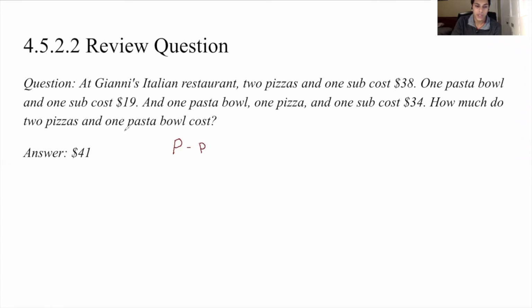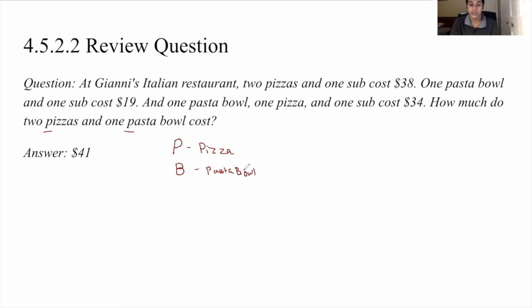And I know that pasta bowl and pizza start with the same letter, but there's a reason, and that's because pasta bowl actually is 2 words. So I'm going to use the letter B to represent the cost of a pasta bowl. And I'll keep that written out just because it might get a little bit confusing. But think of B as in the word bowl. So B represents the pasta bowl.